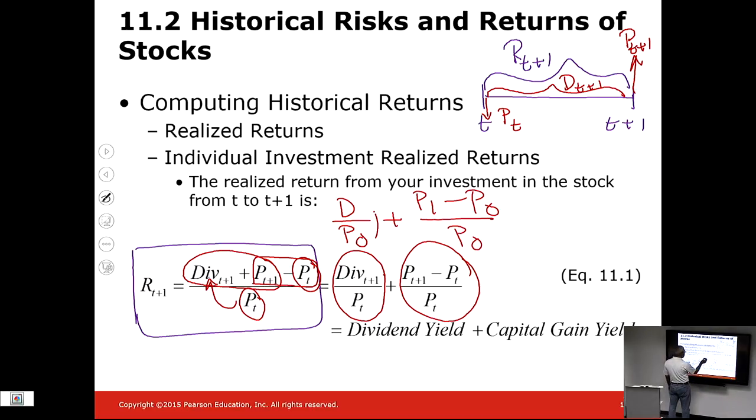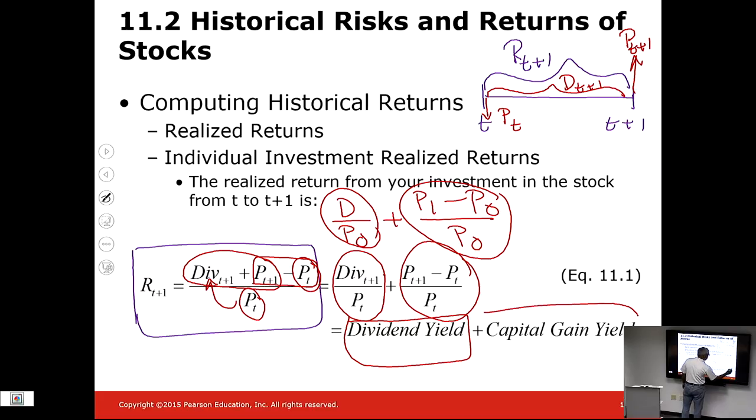So D divided by P0, that's my dividend yield, because it is measuring the percentage of dividend relative to the stock price today. And P1 minus P0 divided by P0, that would be the capital gains yield. That's the return that is coming from the rise in the stock price, the rise in the ending stock price.